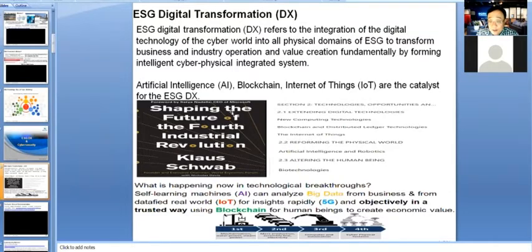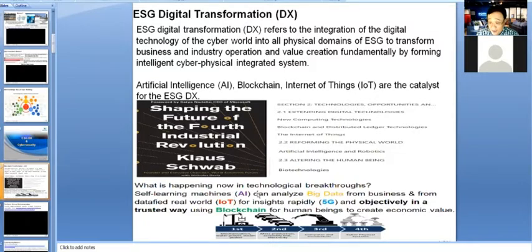For example, Klaus Schwab proposed the first industrial revolution, and then talked about what is driving the fourth industrial revolution: artificial intelligence, blockchain, and Internet of Things. What is happening now in technology is a breakthrough with the self-learning machine.